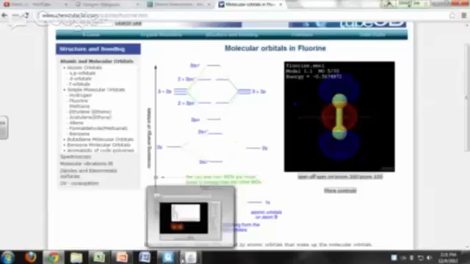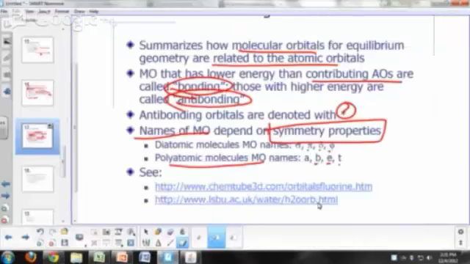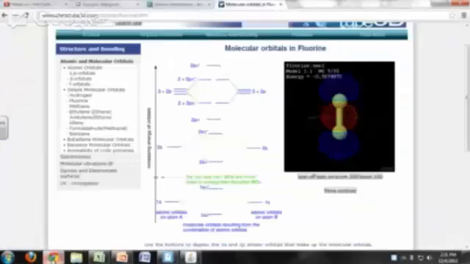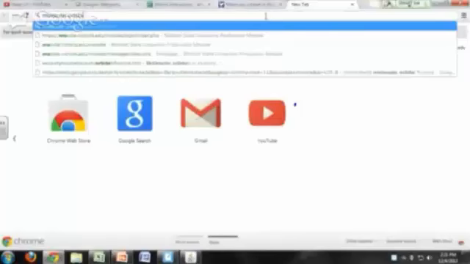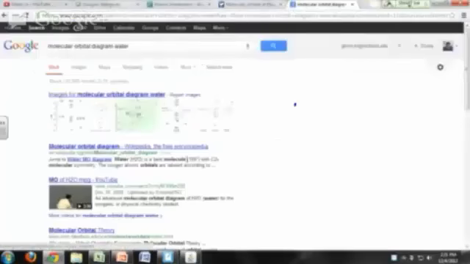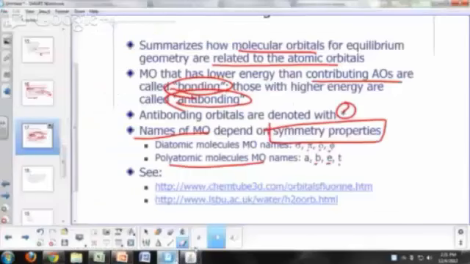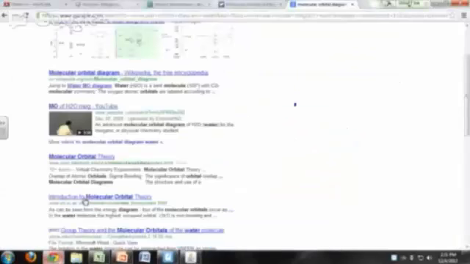Let me see if I can find one for you for water. Molecular orbital diagram for water, this one here.